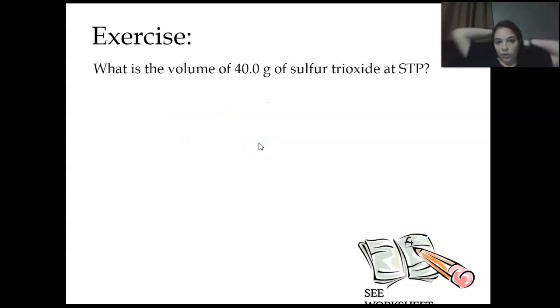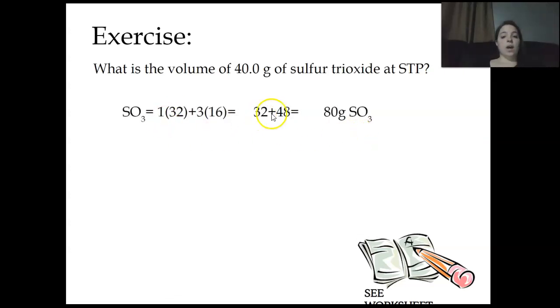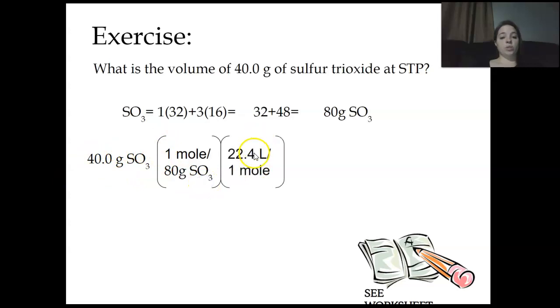All right, what is the volume of 40 grams of sulfur trioxide? I'm going from volume to mole, mole to gram. It's a two-step. I got to get my gram formula mass. So there's my grams. This is half. Half times 22.4. I should get 11.2 liters of SO3.